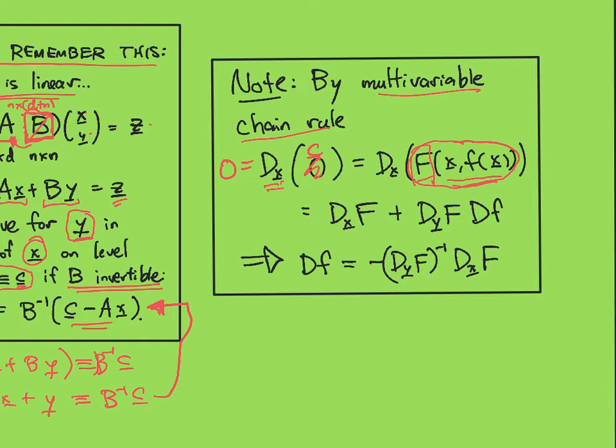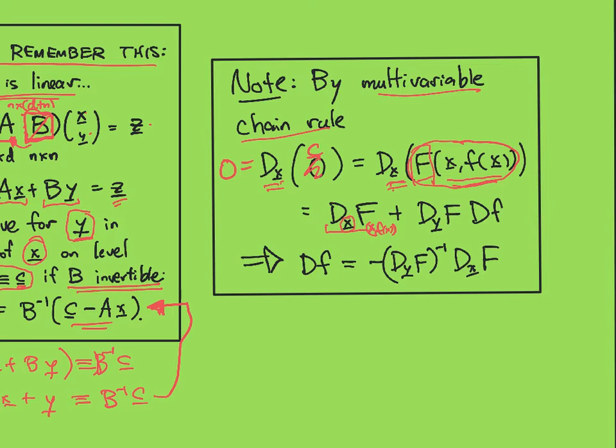And then on this side, you can apply the multivariable chain rule. So you'll get the derivative matrix of capital F with respect to its x variables, and then this will be evaluated at x, f of x. Writing all the details gets to be a little complicated, but hiding them also makes it confusing too.